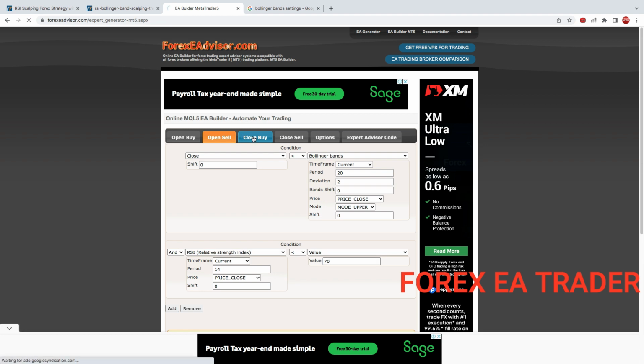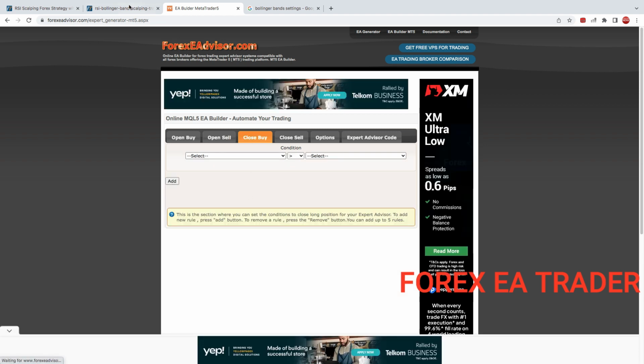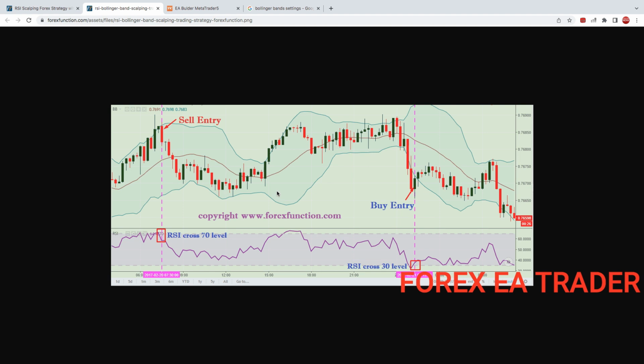Then we're going to have conditions for closing a buy. I don't really need both conditions, the Bollinger Bands and the RSI, but you can skip the stage, or you can just set what works for you. Maybe let's just use the Bollinger Bands.